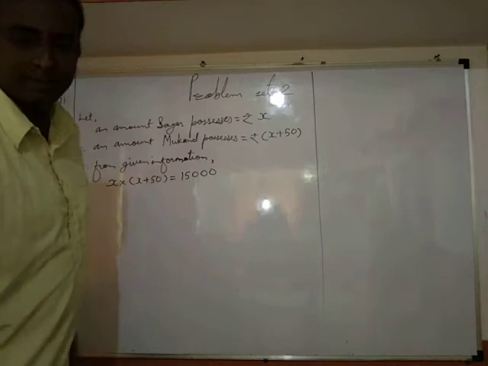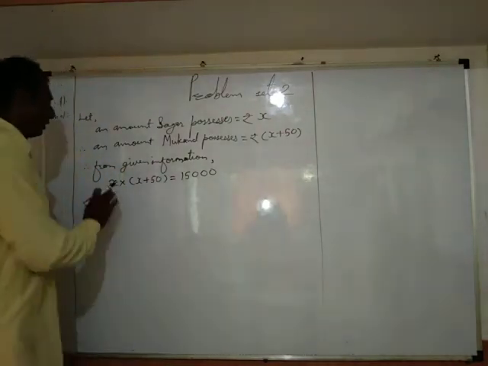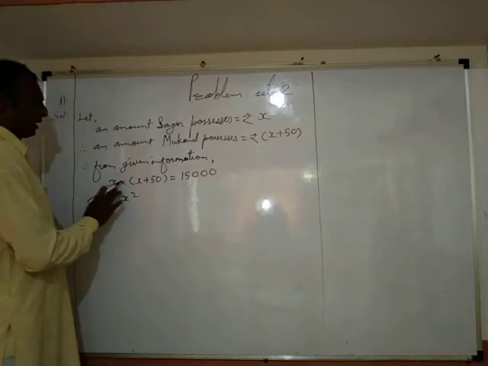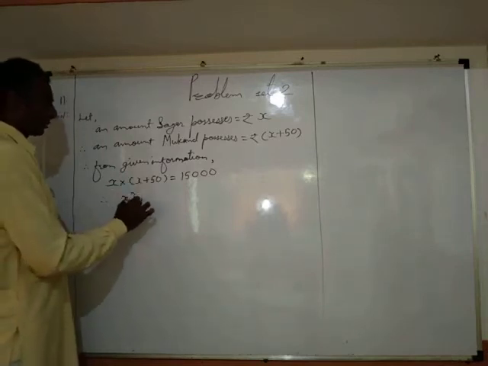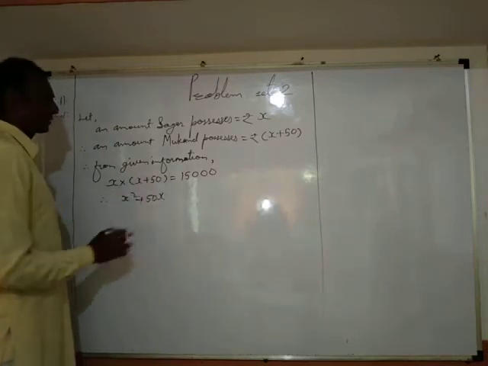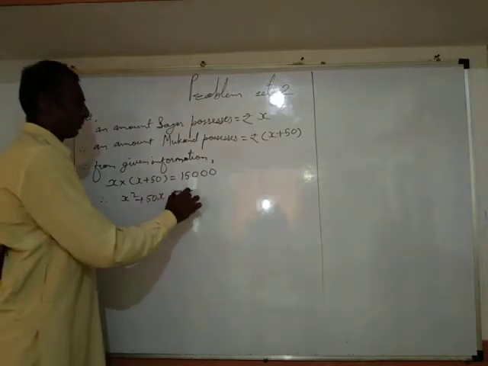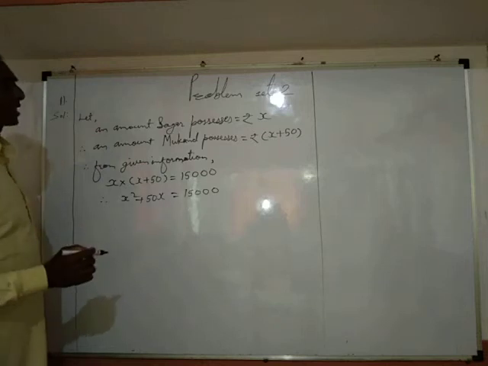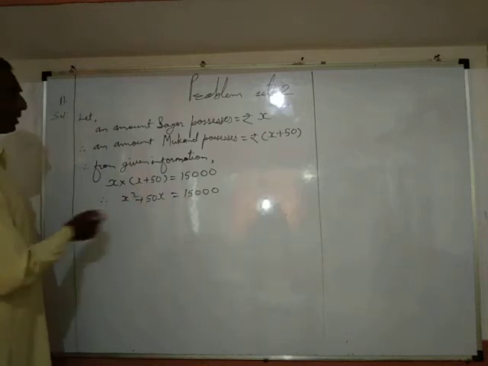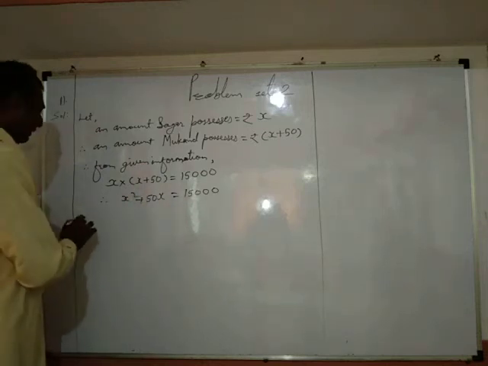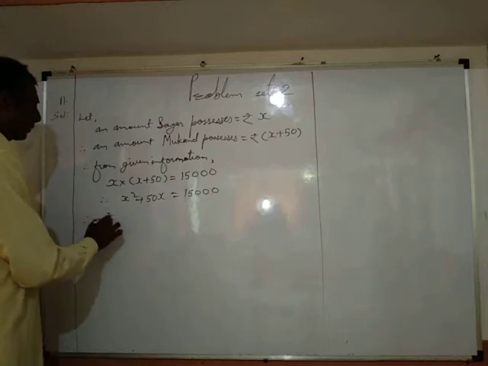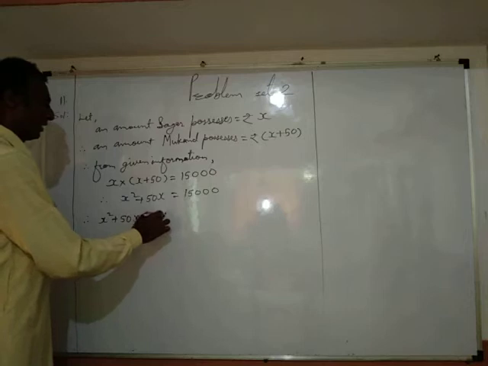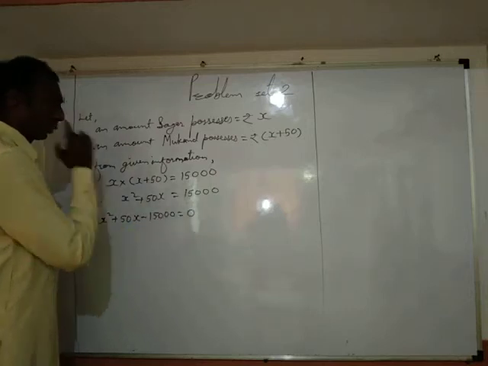Now let's simplify this equation. x into x gives us x square, x into plus 50 gives us plus 50x, equals 15,000. Okay. Now let's transfer that 15,000 from the right side to the left side. Therefore it will be x square plus 50x minus 15,000 equal to 0.